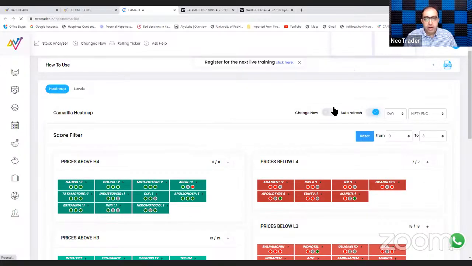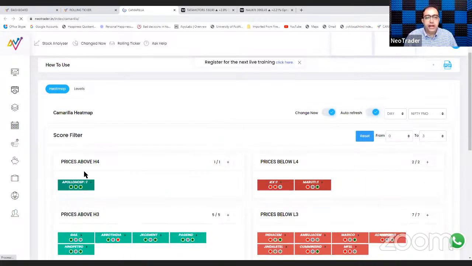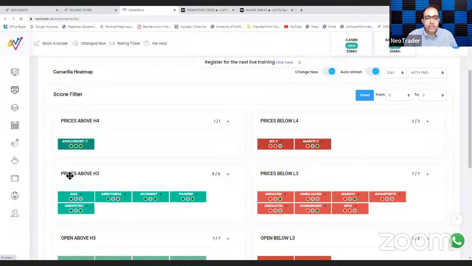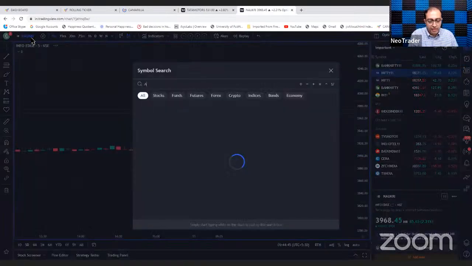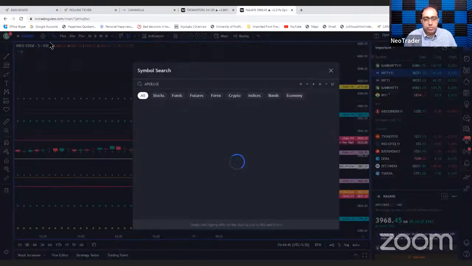So for example, if you keep the change now option on, you will know the latest trade which is showing some movement. So you can see here Apollo Hospital is the latest one to cross H4. So what I'll do is I'll immediately go here and I will type here Apollo Hospital. So the moment I go here, I type Apollo.